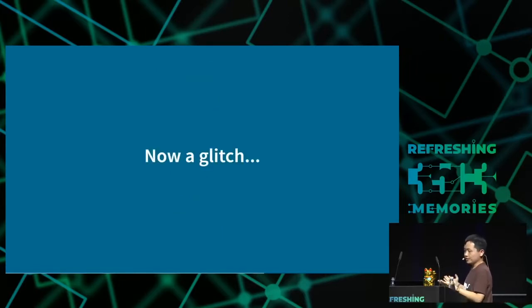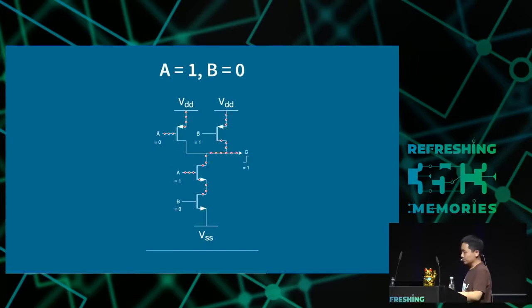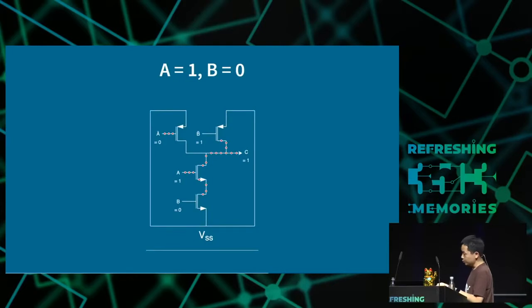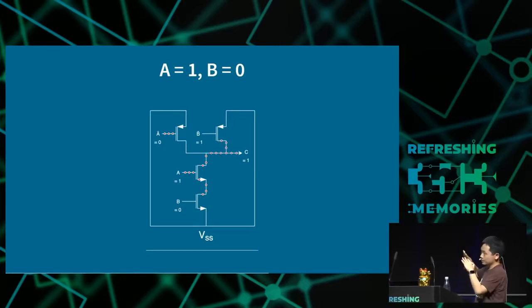So what happens when we glitch it? Back to the 1 NAND 0 example. When we introduce a voltage glitch, what we do is essentially connect the voltage source down to ground, or 0 volts. Essentially, you're disabling the power source, and immediately that doesn't do anything.